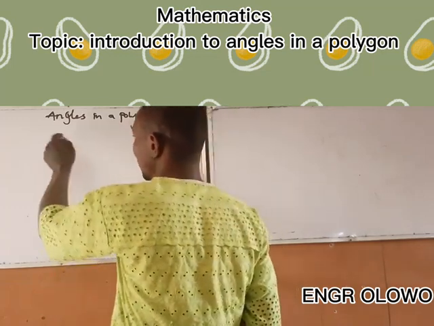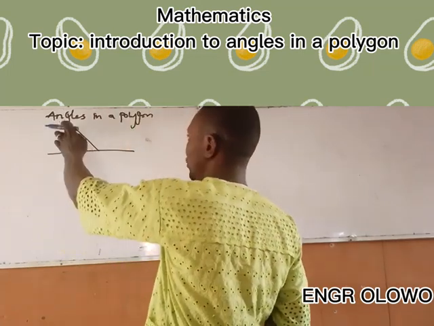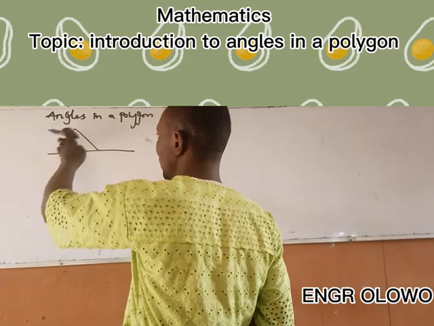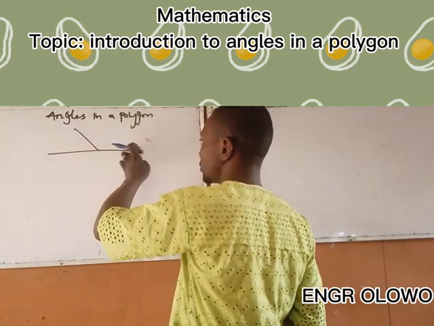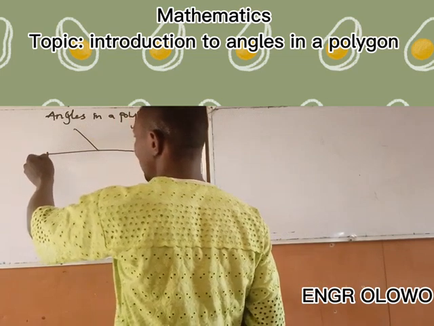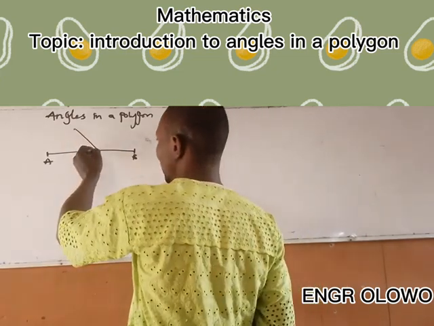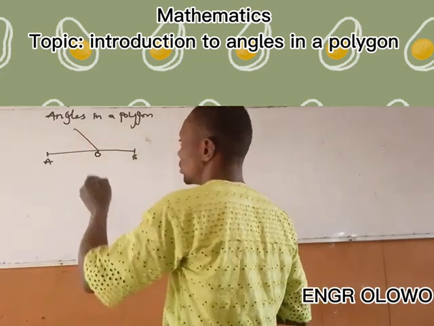When you have a straight line like this, the sum of angles on this straight line is equal to 180 degrees. Take for example, this is line A. The sum of angles on a straight line is equal to 180 degrees.